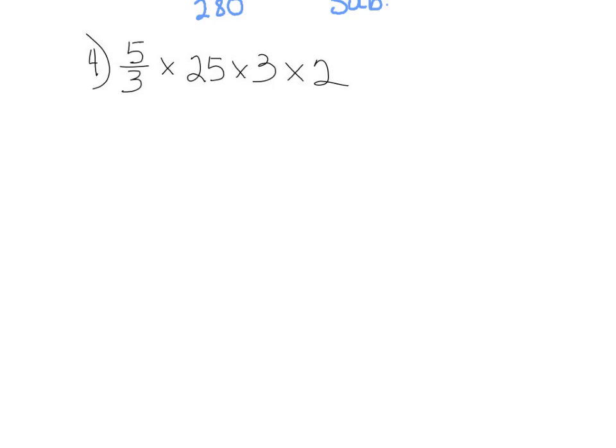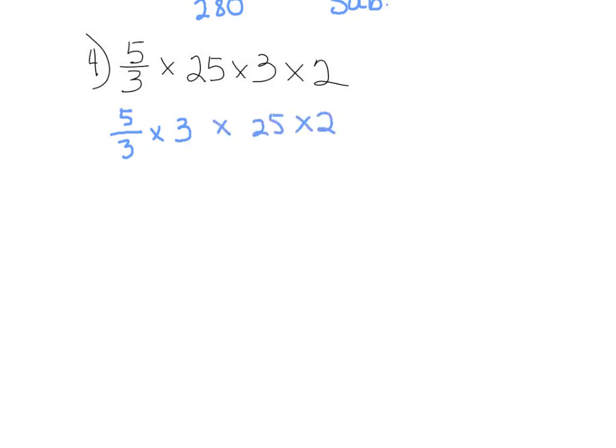So I realize that the ideal order for this would be as follows: 5 over 3 times 3, or 3 over 1, times 25 times 2.